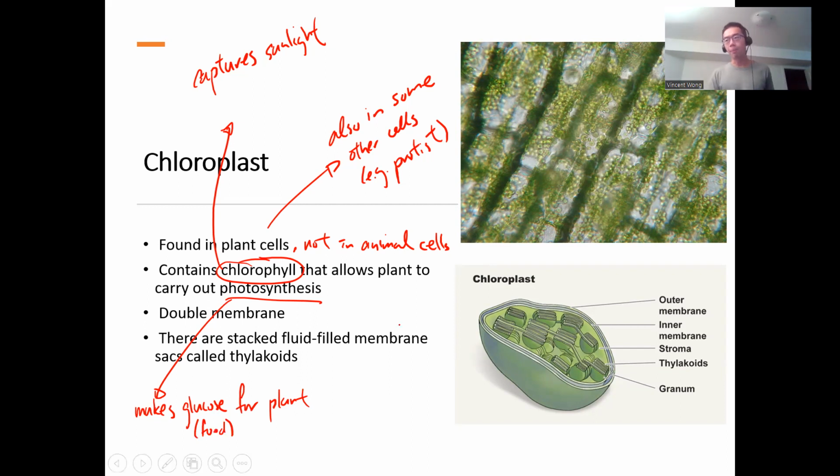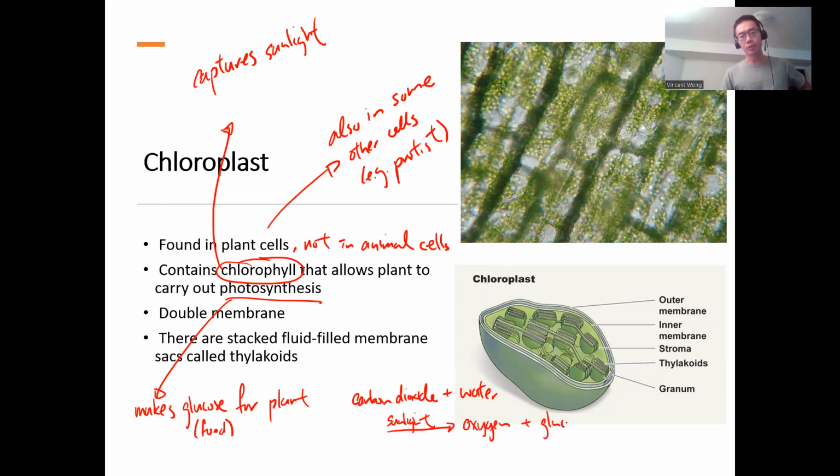And it's actually the opposite of cellular respiration. So it takes carbon dioxide plus water, and then with the help of sunlight, it will make oxygen and glucose.